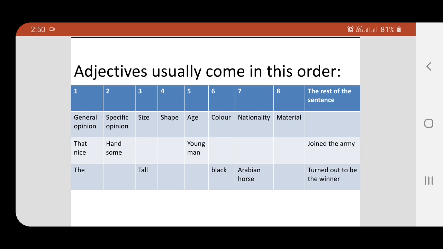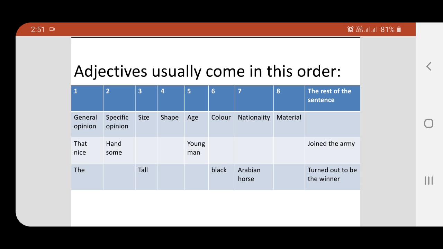And after the general opinion, you put the adjective which gives a specific opinion, such as handsome. Third is the adjective which gives information about size: tall, short, heavy, lean, long, short.